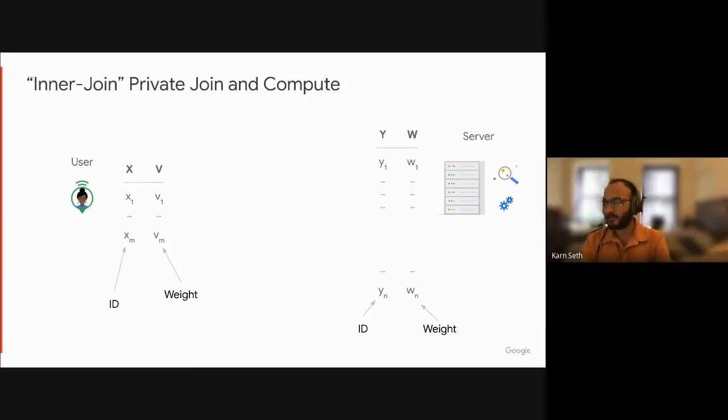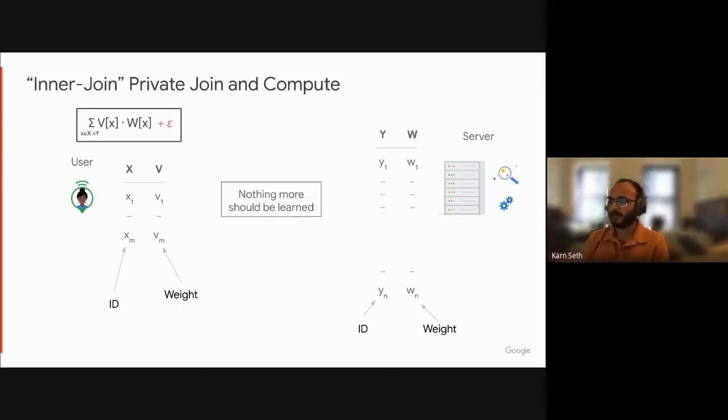And the server also has a bunch of IDs and weights of a substantially bigger database. What we want is for the user to be able to compute the dot product of weights over the intersection. So for those IDs in common, the user should learn the sum of the corresponding weights multiplied together. And we want the user to learn this dot product with some noise added in order to achieve differential privacy. The guarantee we want is that nothing more should be learned by either the user or the server.